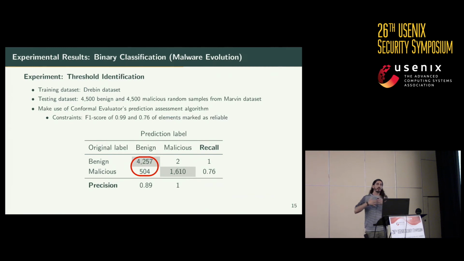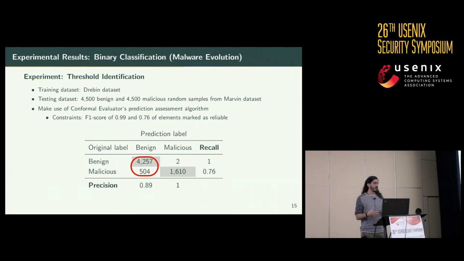So once we have confirmed that there is a drift in the data, we want to use our conformal evaluator to identify a threshold in order to see if we can identify the unreliable predictions. So again, we use the same setting.